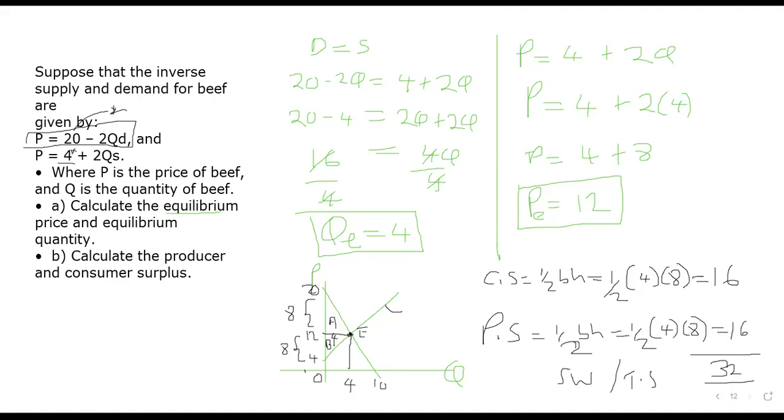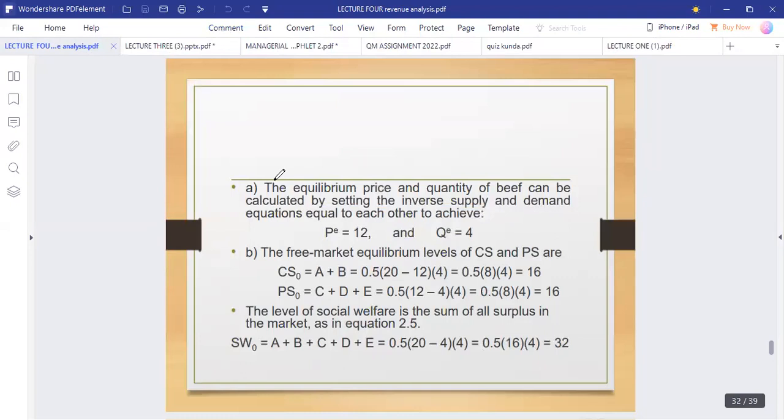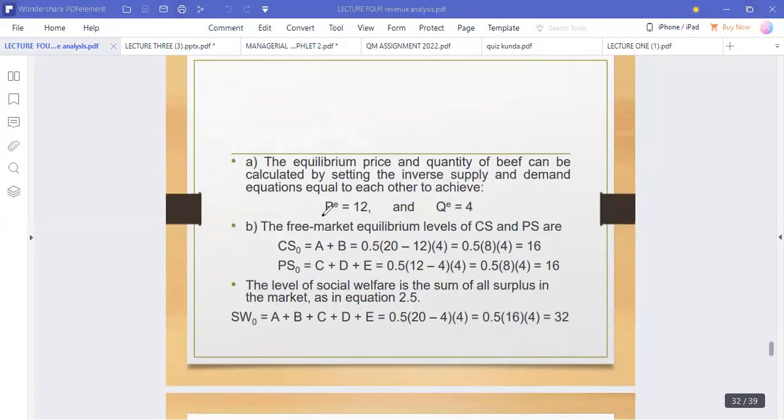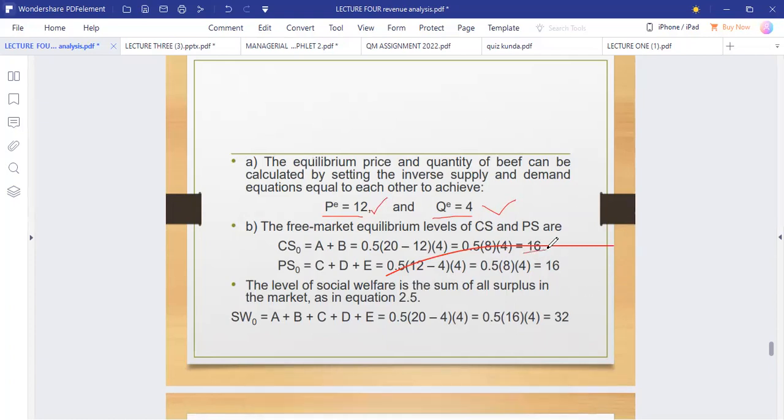Since this was an example, let's verify our answers. So we are told we calculated our equilibrium price as 12 and our equilibrium quantity as 4. Is that what we got? Yeah. The consumer surplus as 16 and the producer surplus as 16. Is that what we got? Yes.